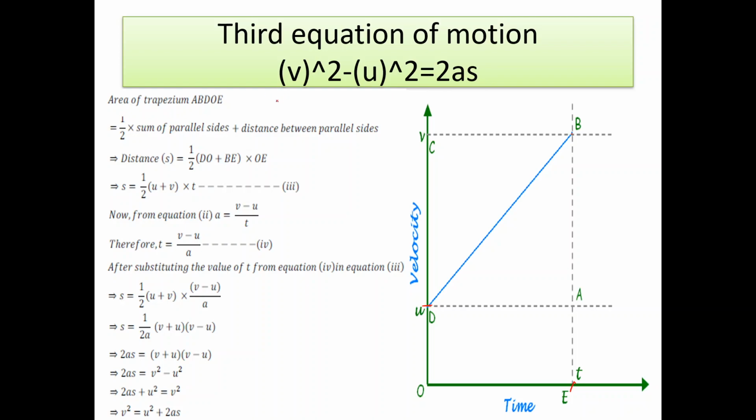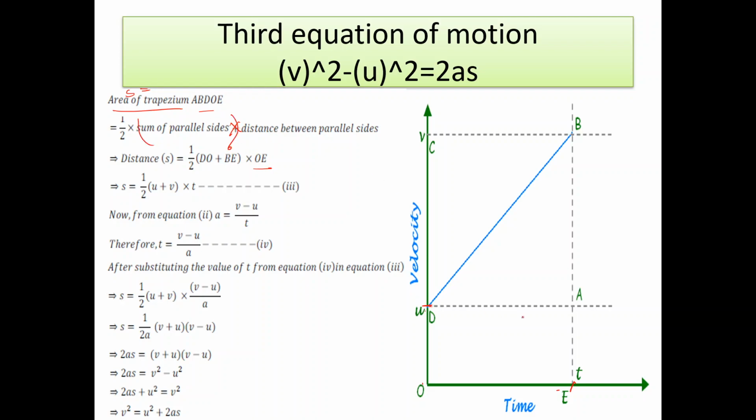So again, what is S? S is given by the area of the trapezium. Which area? ODABE. What is the area of the trapezium? Half into the sum of parallel sides into height.